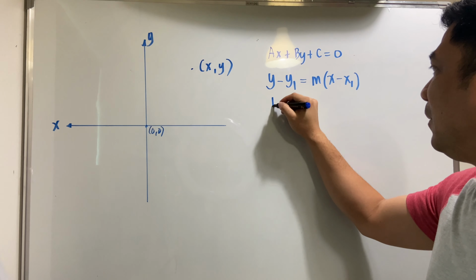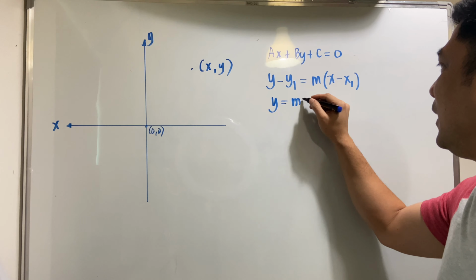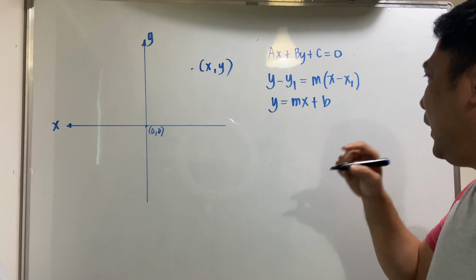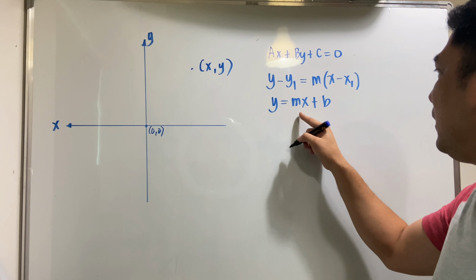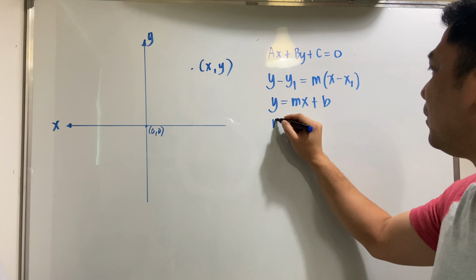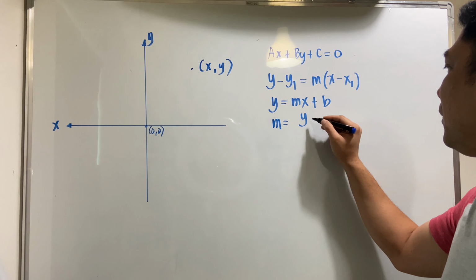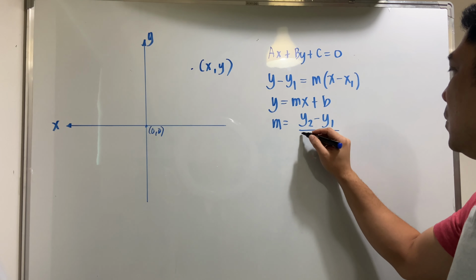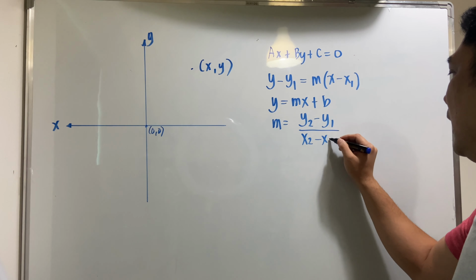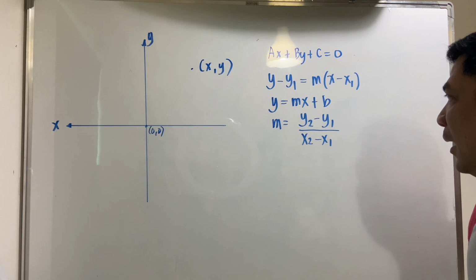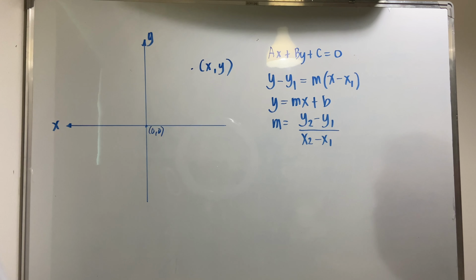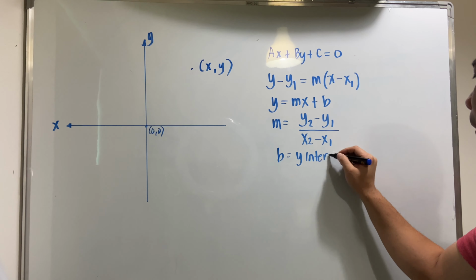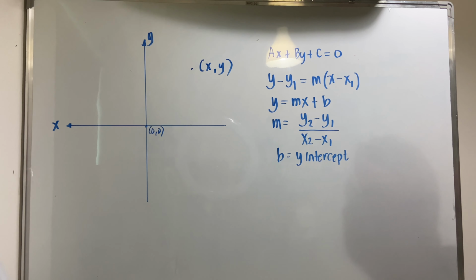Another way to solve is using the slope-intercept form, the most famous one, y is equal to mx plus b, wherein m is your slope, which is equal to rise over run, or the change in y over the change in x. And b is your y-intercept.